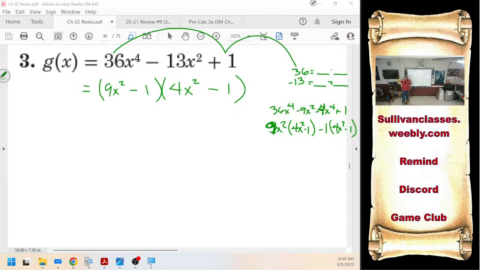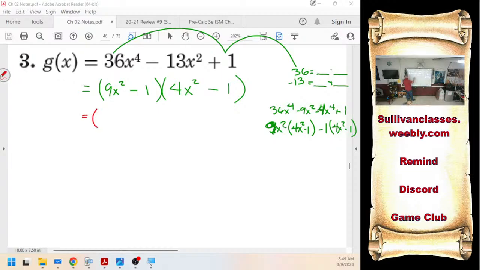Box method, the cross thing, like whoever you had it. There's different ways, right? But once I'm here, can you keep going? Because these are both difference of squares. Square root of A term, square root of B term, plus minus conjugate pairs.